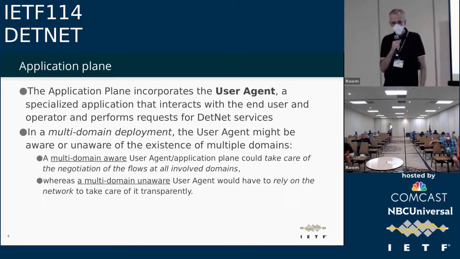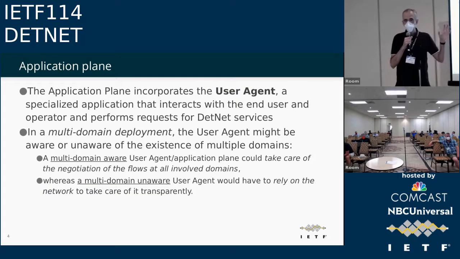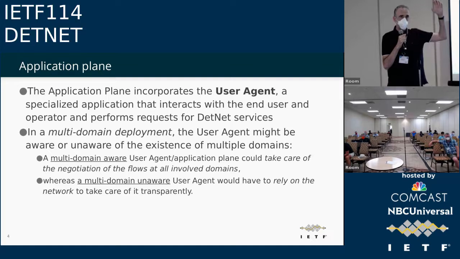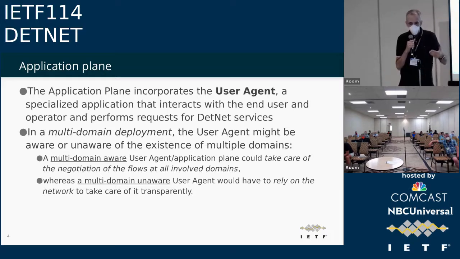Next slide, please. So the draft is very simple at this point. We try to identify some very high-level things where we need to take a look from the application, control, and network planes. In the application plane, in the DetNet document, we have this user agent, which is the entity that is interacting with the user and the operator and performing the request for the DetNet services.